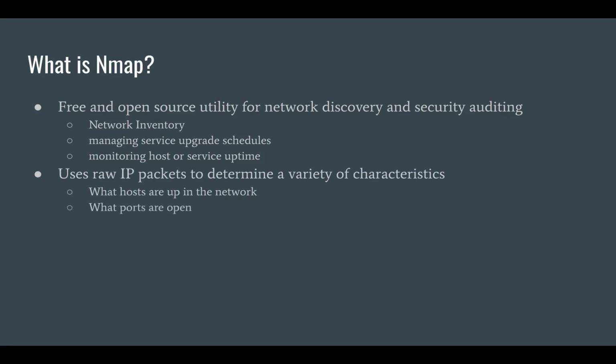You can use Nmap to find out what ports are open on a specific host, and specifically what services the hosts are offering through those open ports, as well as any kind of packet filters or firewalls that are in use. And there are a lot more characteristics that you can discover with Nmap.